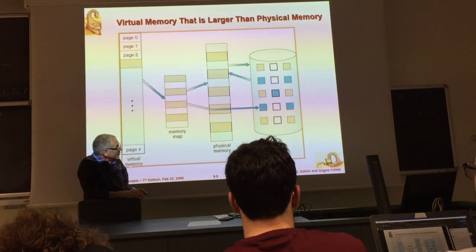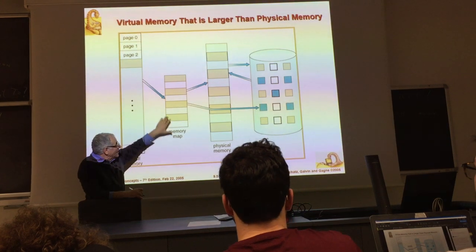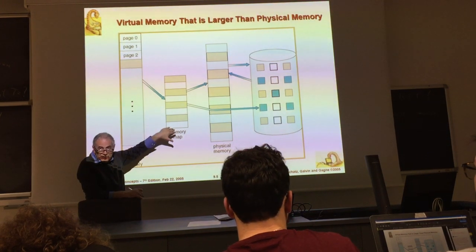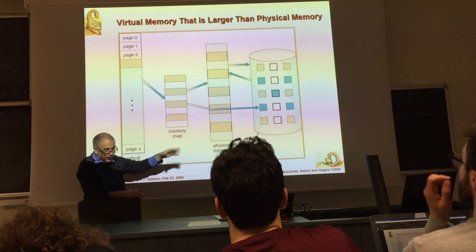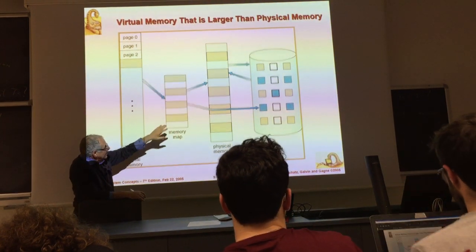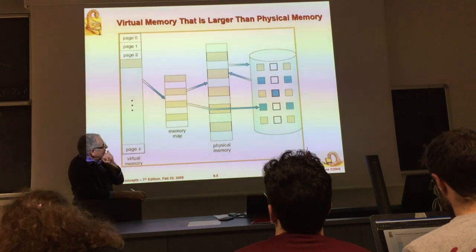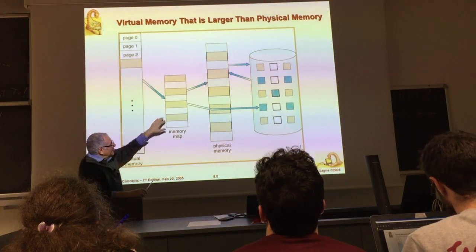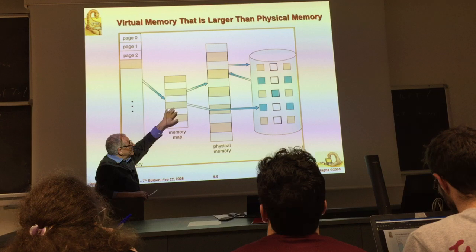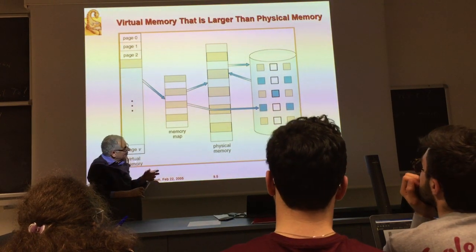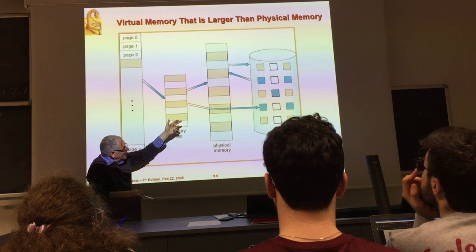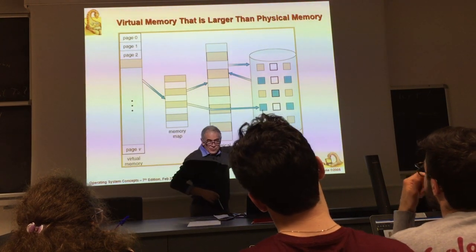For a process, it is not necessary that the complete page table is mapped on physical memory. Only a few pages can be mapped there. Suppose that one of these pages is instead in the backing store.